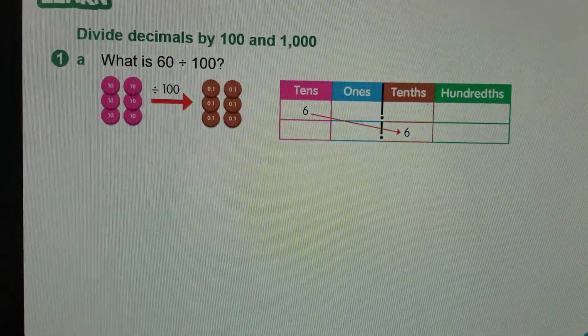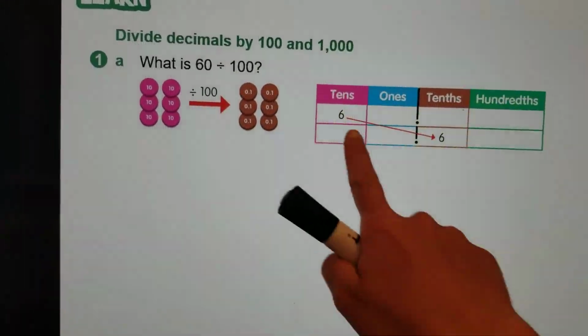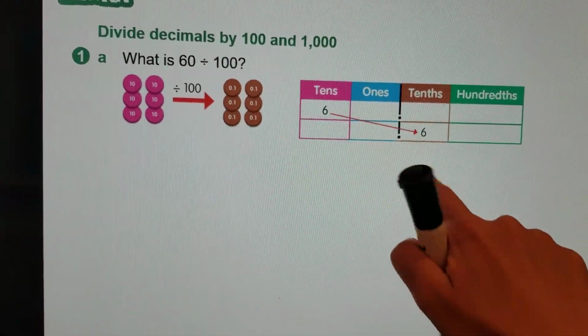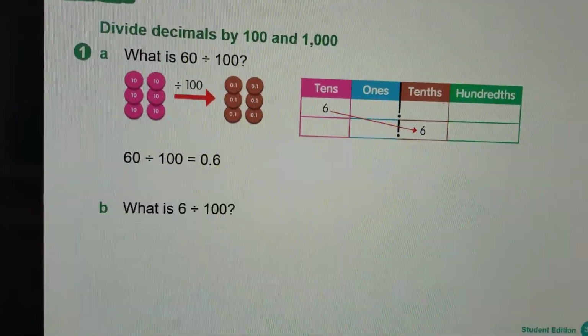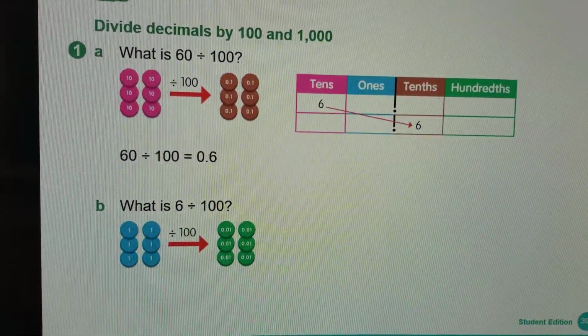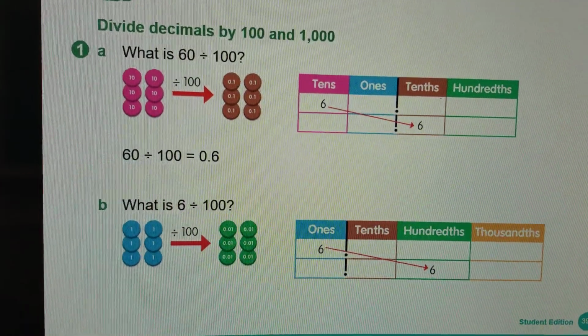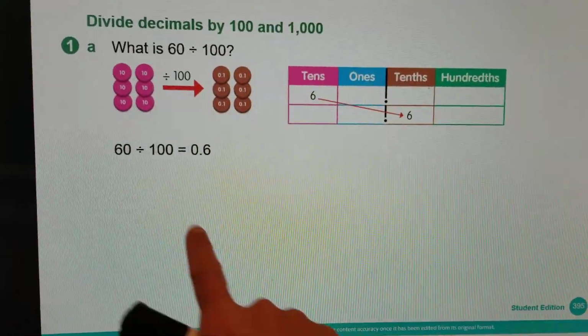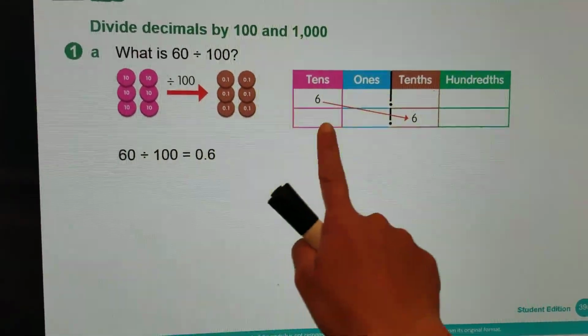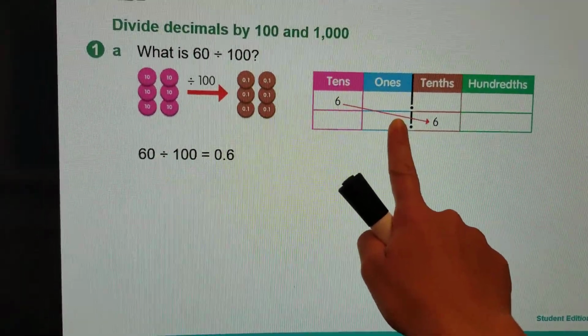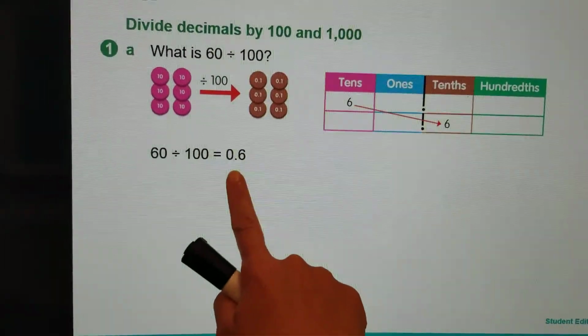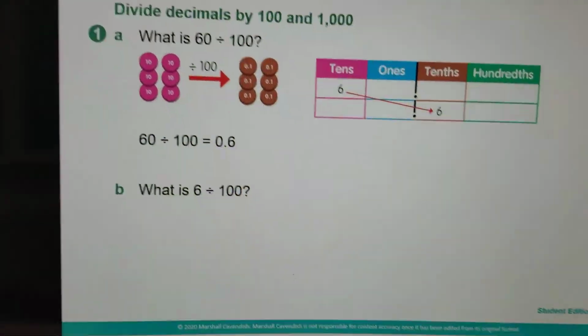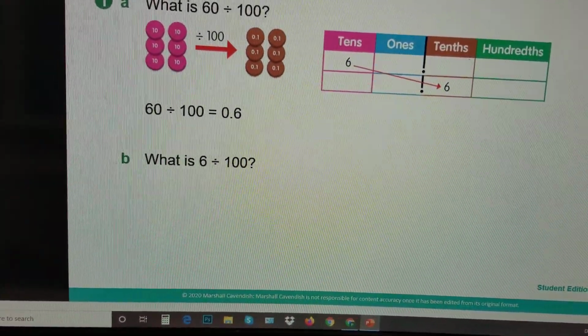So watch, it's jumping divided by 10, divided by 10. Oh, sorry, I didn't see they gave us a new one. So 60 divided by 100 is 6 divided by 10, which is 0.6. That's the answer.